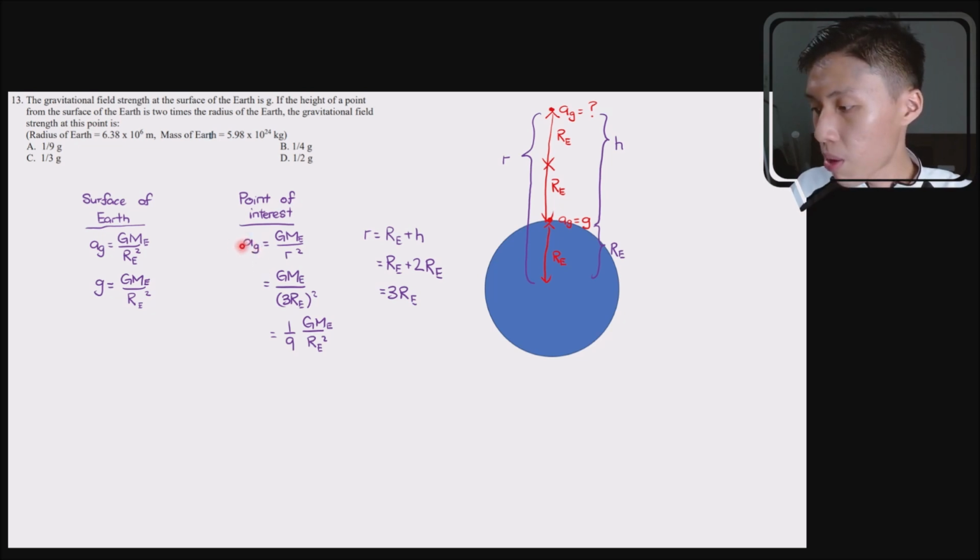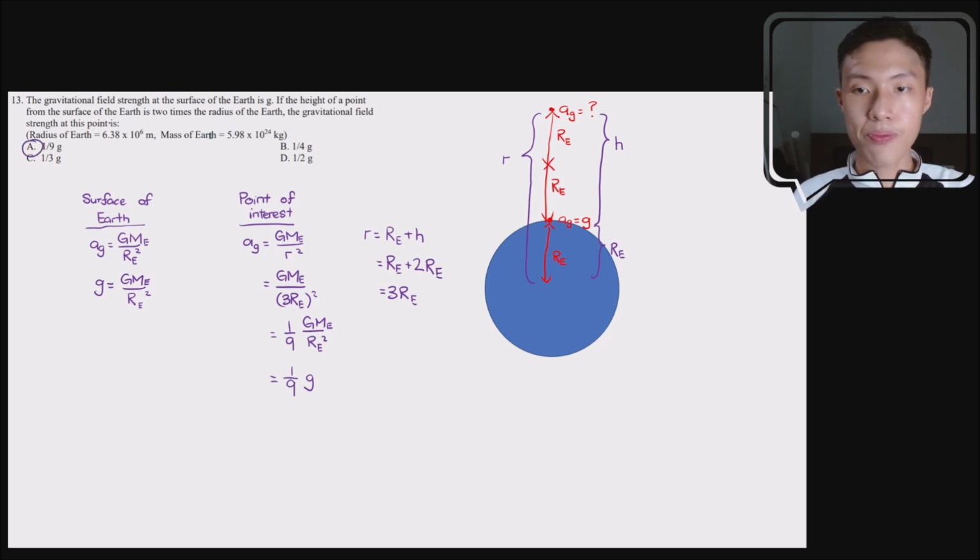If you want to compare, we know that this part and this part are the same, so you can substitute g to replace GM, mass of Earth, divided by radius of Earth squared. So it becomes 1/9 g. So the gravitational field strength at this point is equal to 1/9 of the gravitational field strength on the surface of Earth. So this is the answer.